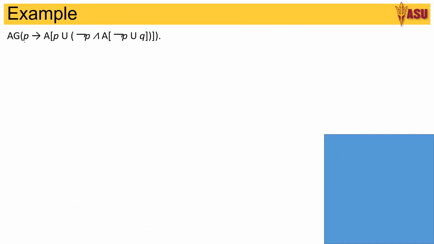So there are lots of brackets, and let's match the brackets in the beginning. That forms 1, that forms 2, 3, and 4. So those are the brackets that we are looking at. The outermost brackets has an A and G outside and an implication.